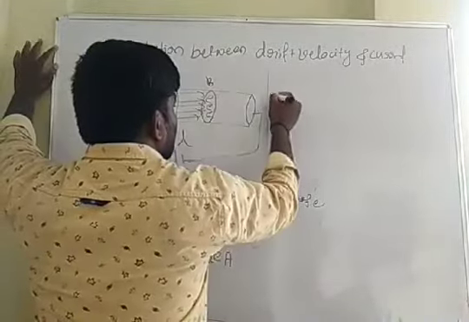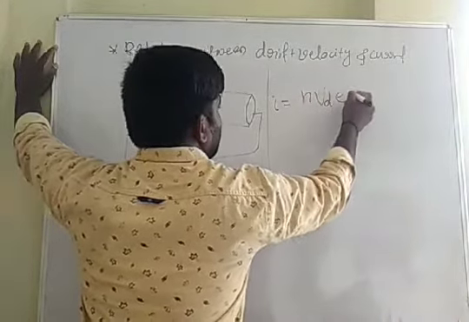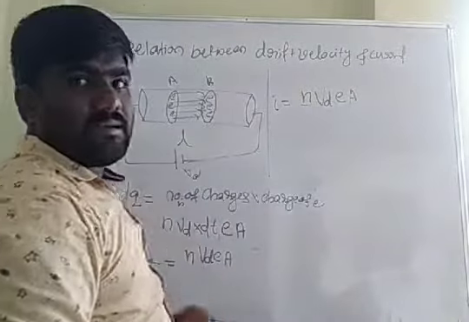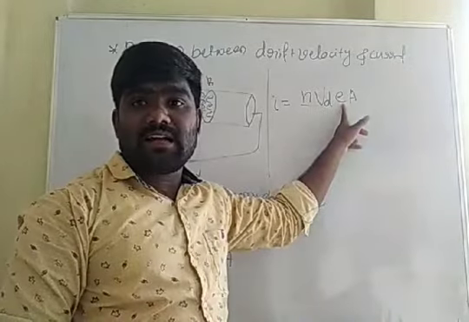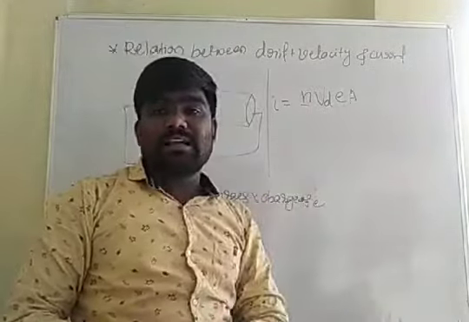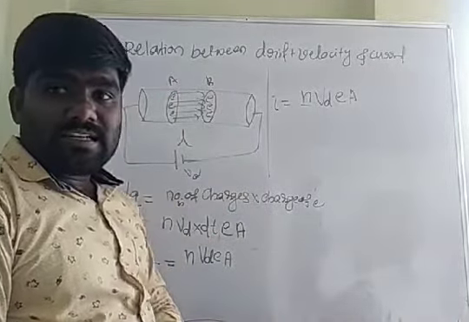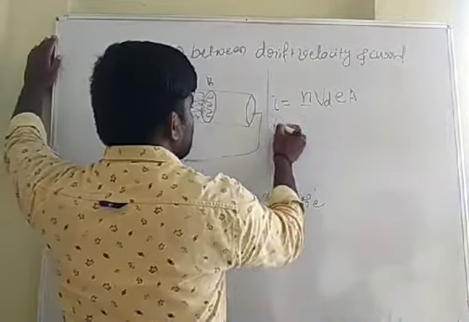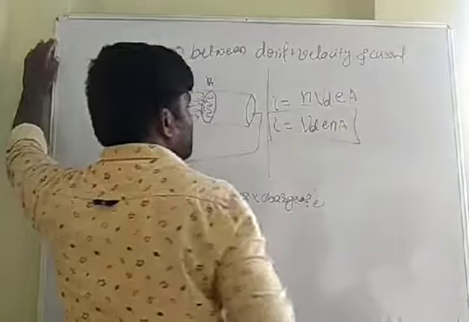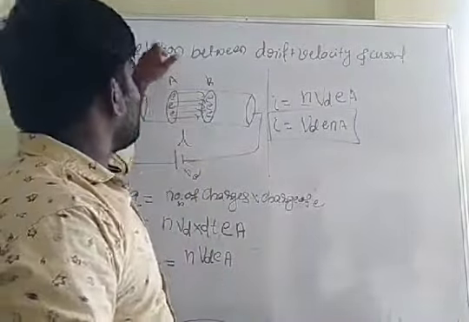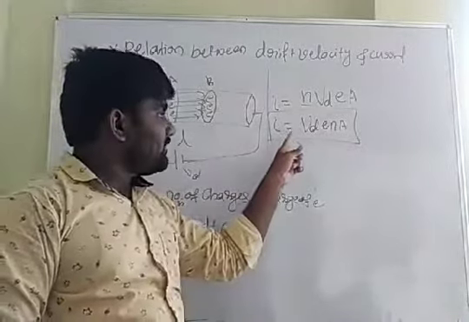So I is equal to n times Vd E A, where n is the number of electrons, Vd is the drift velocity, E is the charge of electron, and A is the cross sectional area of the cylinder. To remember this, I is equal to nVdEA.